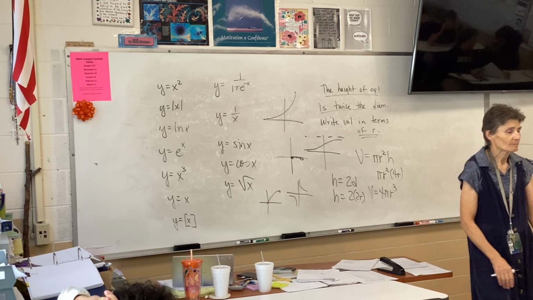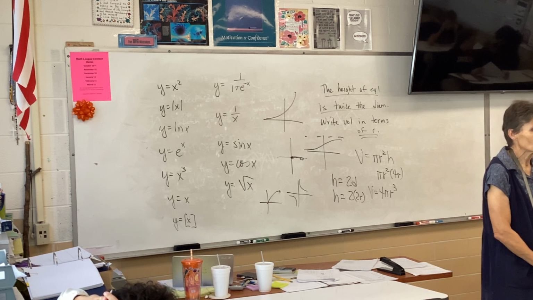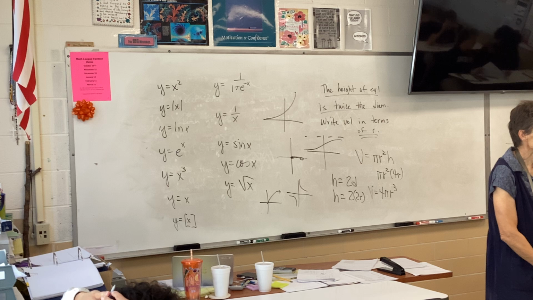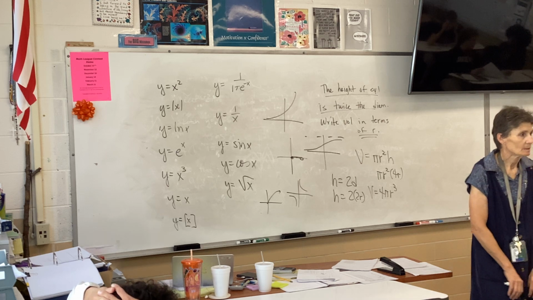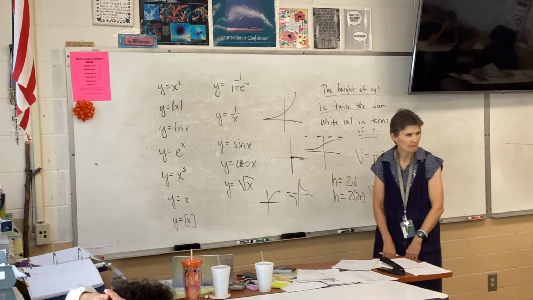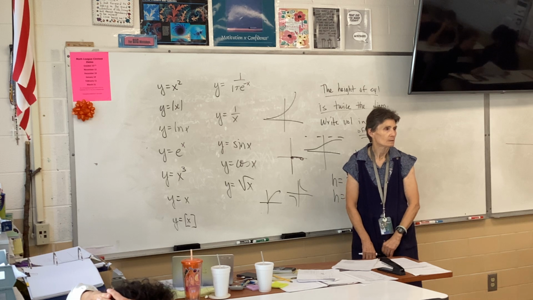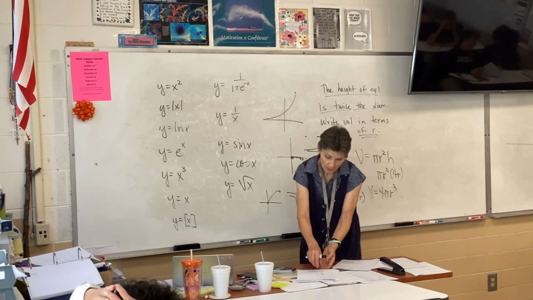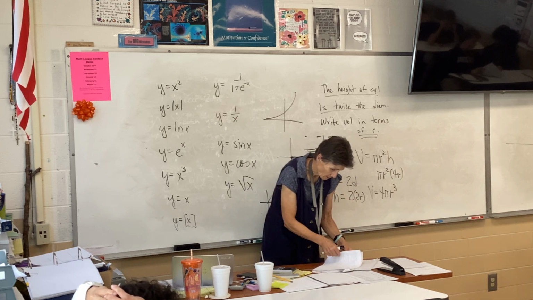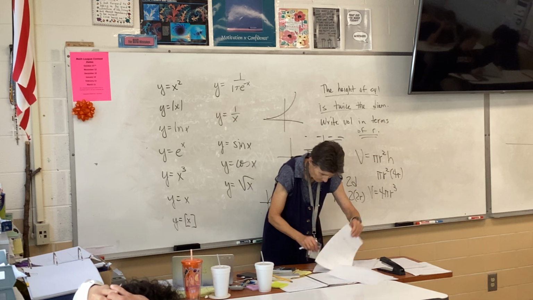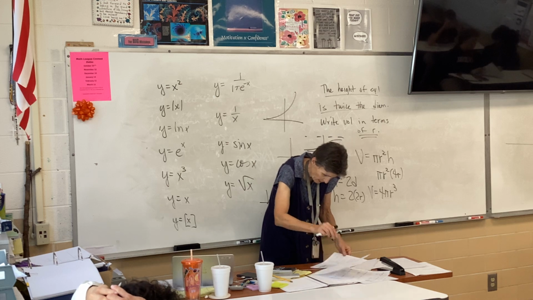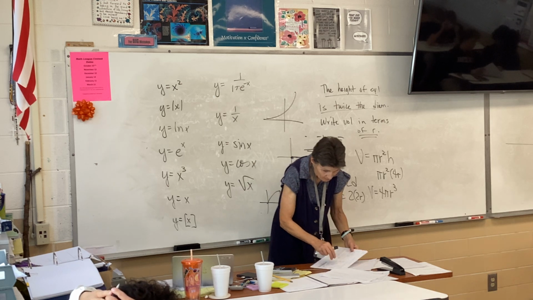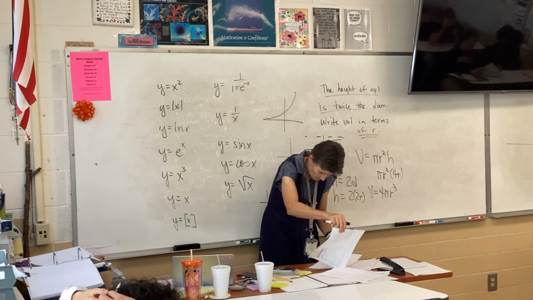Let me see. Do we know exactly what's on the test now? Are we clear on that? Oh, can we do number 4 on extra practice 15 to 17? What does the question say? It's what equation represents this curve, and it has the type of graph on it. Oh, okay, so that's extra practice 15 to 17.